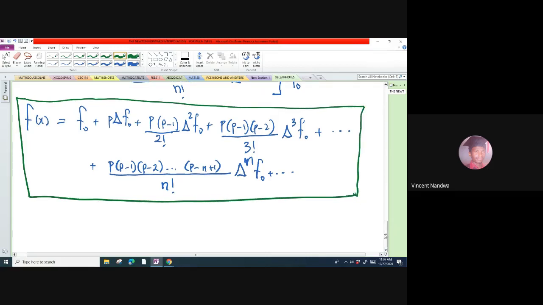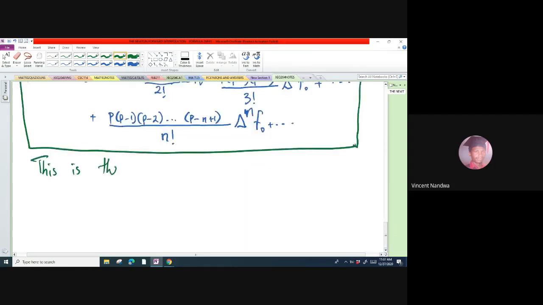So this is the Newton forward interpolation formula for approximating the value of the function at a general mesh point x or xp.